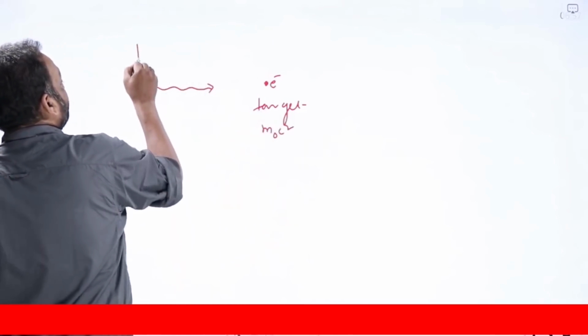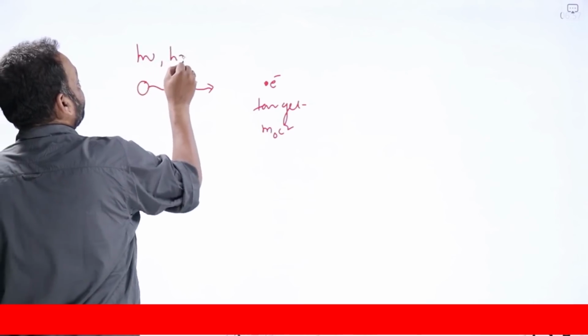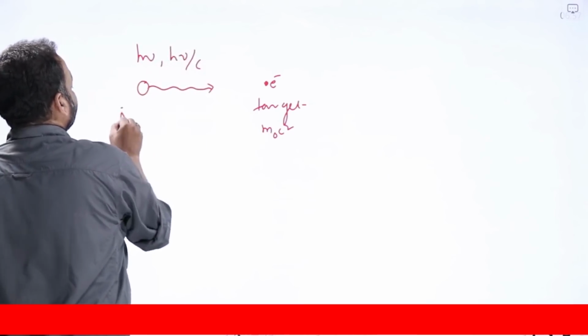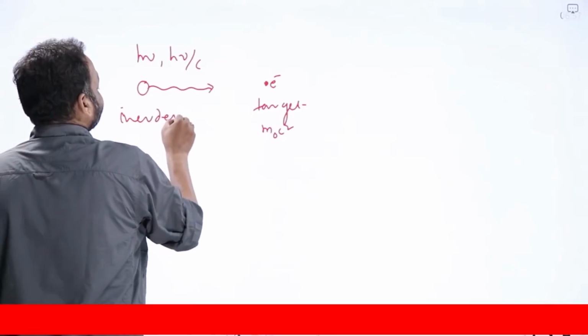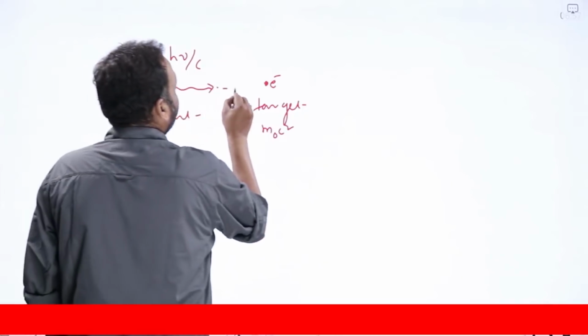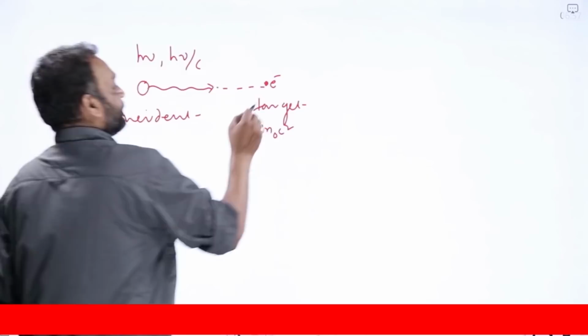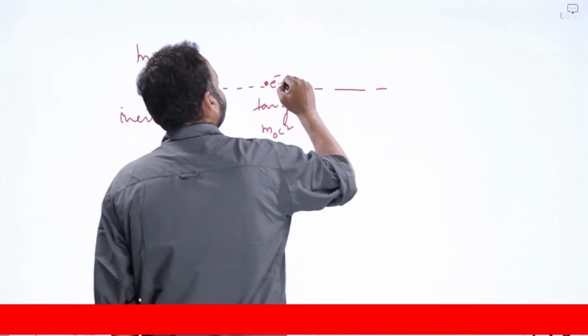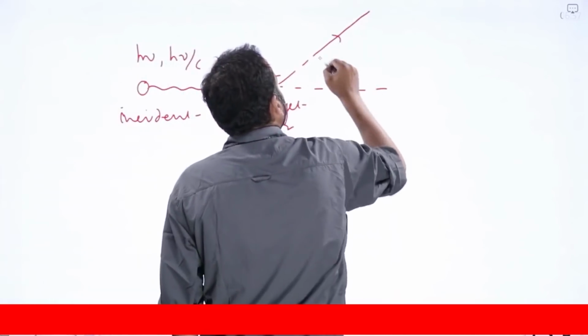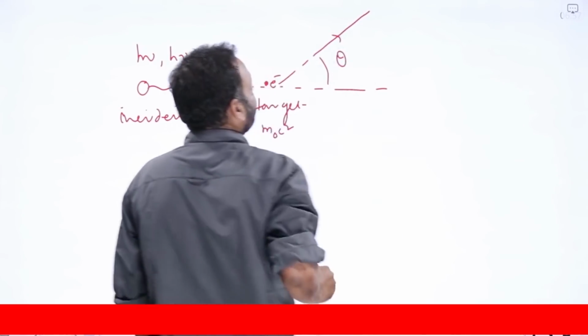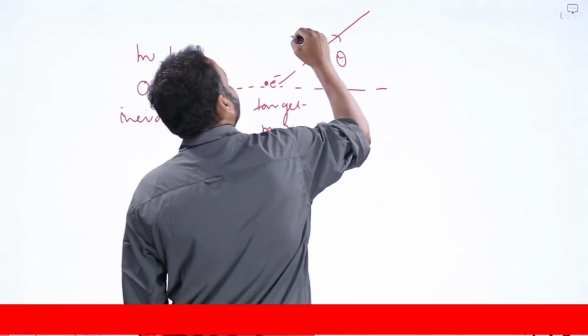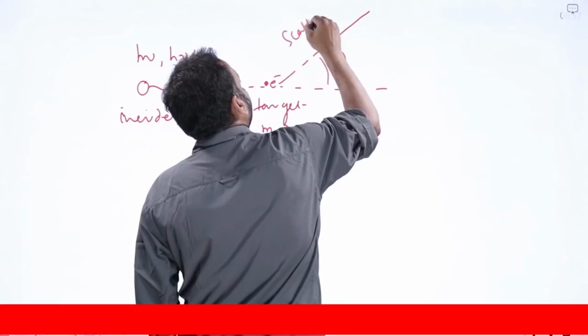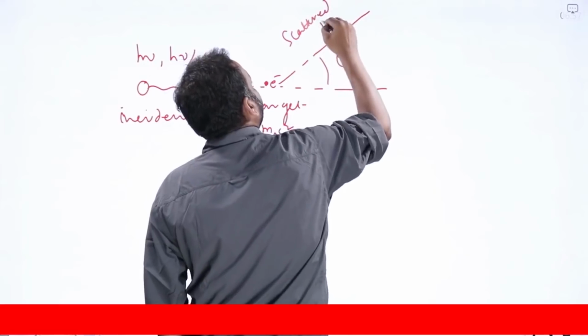Our incident photon, of energy h nu and momentum h nu by c, goes and hits the target electron, and it gets scattered like this, making an angle theta with the incident direction. This is the direction in which the scattered photon moves.